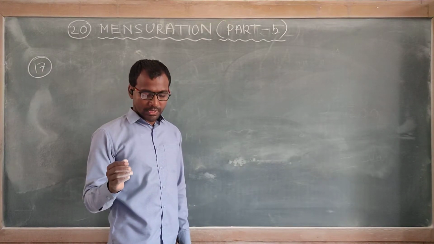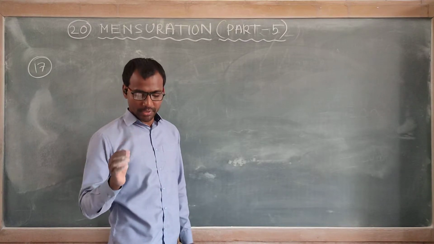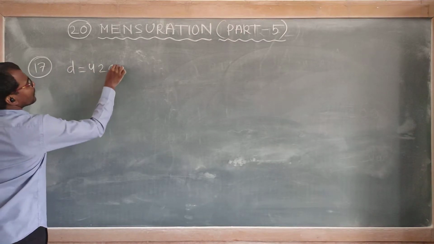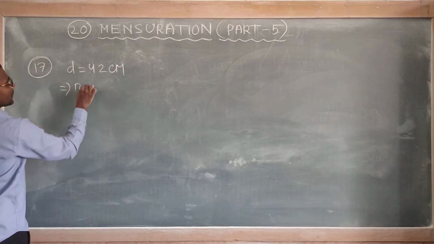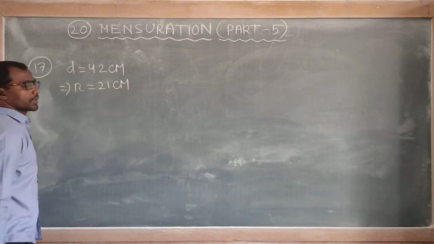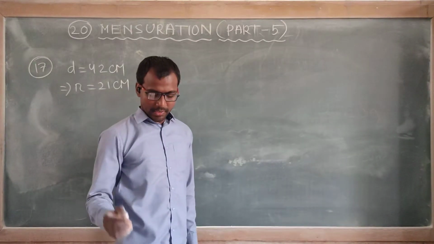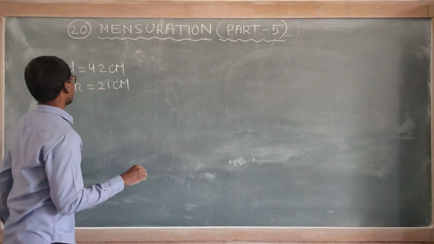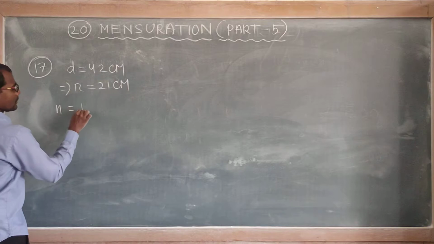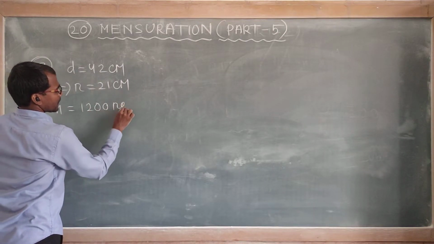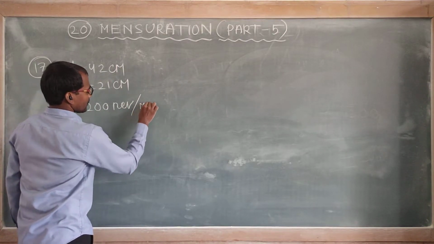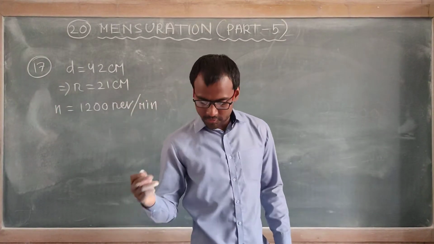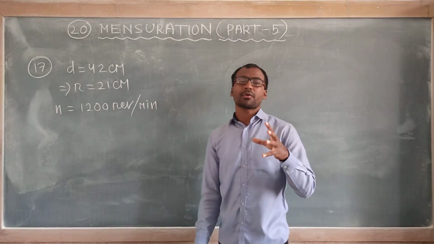The diameter of each wheel of the train is 42 cm, so radius is 21 cm, and each wheel makes 1200 revolutions per minute. So n is equal to 1200 revolutions per minute. Now in this question we have been asked to find the speed of the train.